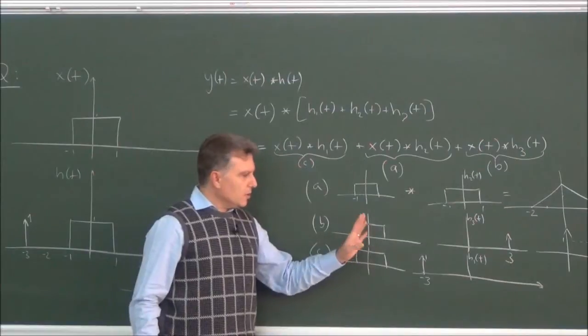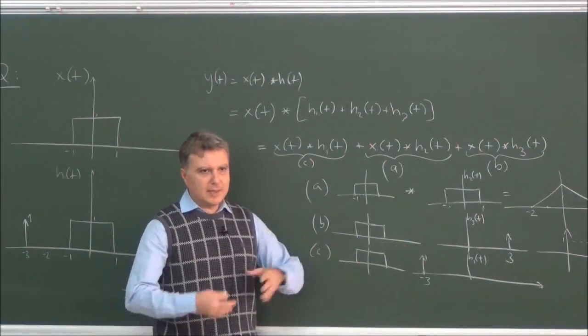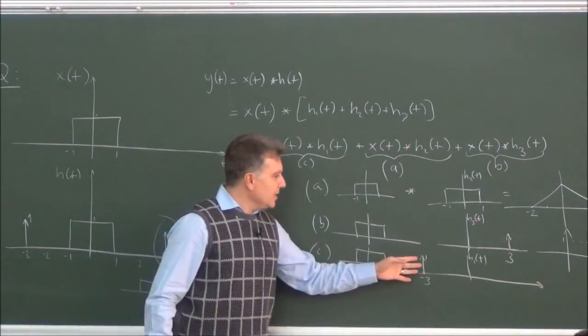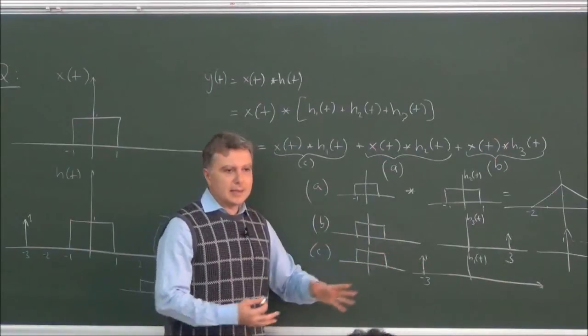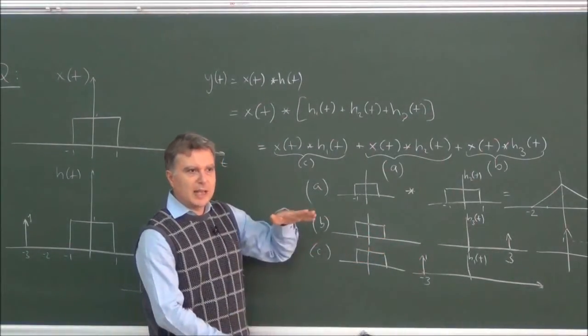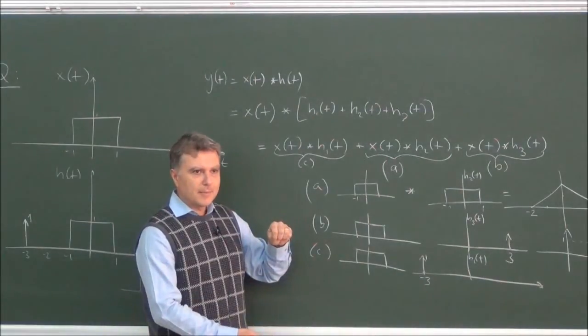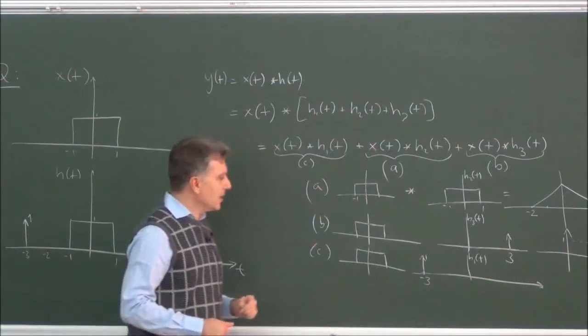Of course, always remember that if the magnitude of this impulse, in other words the area underneath, is something different than 1, then this thing will be scaled accordingly. For example, if it is 2, then the magnitude will be amplified by twice. This is already 1, that's why it is reflecting as it is.